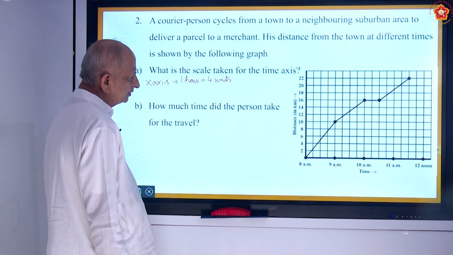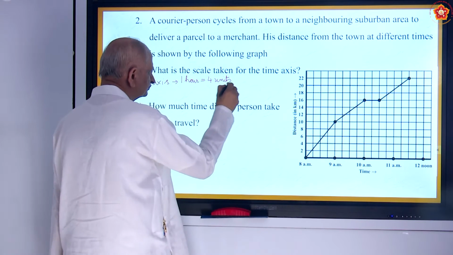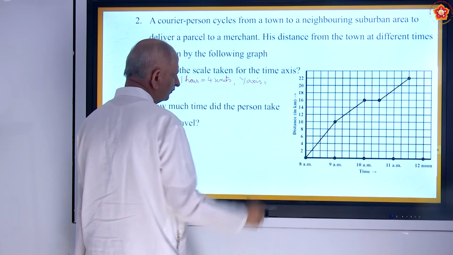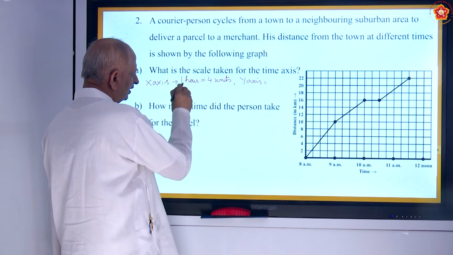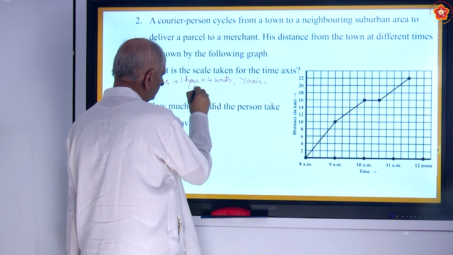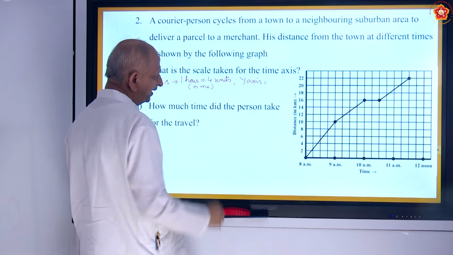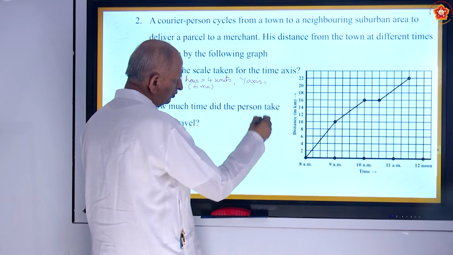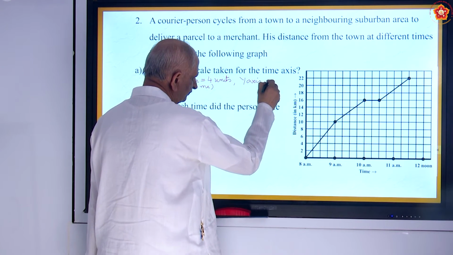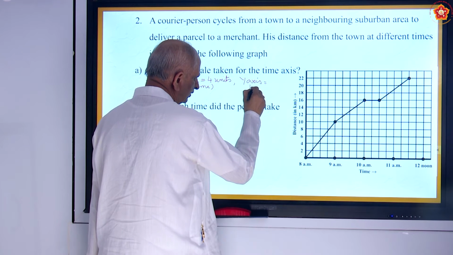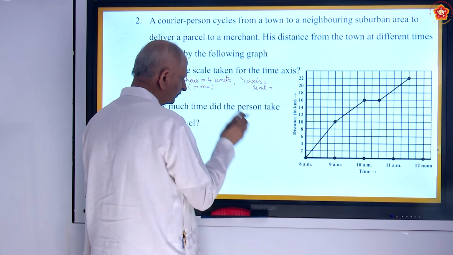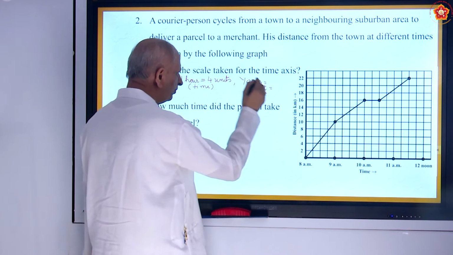And then in the y-axis, what does this represent? Y-axis represents distance. 1 division is equal to kilometers. So, 1 unit is equal to 2 kilometers.